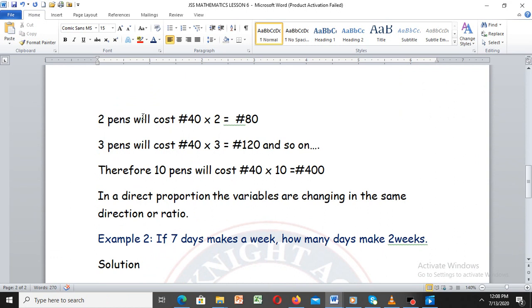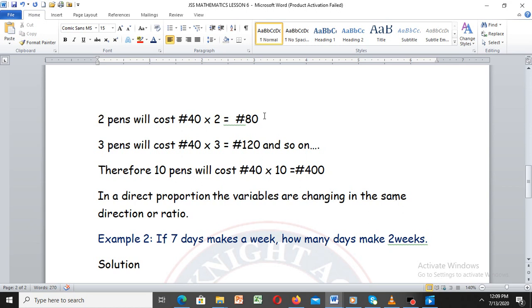So 2 pens will cost 40 naira times 2, which will give us 80 naira.